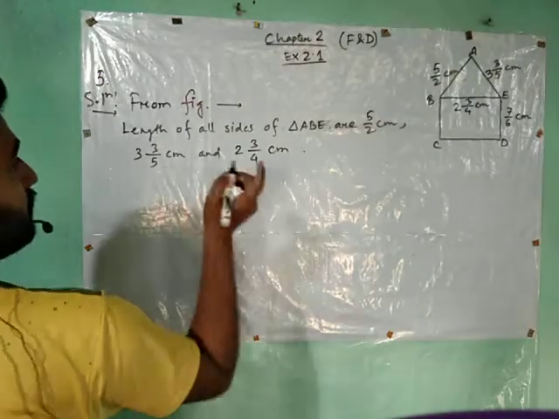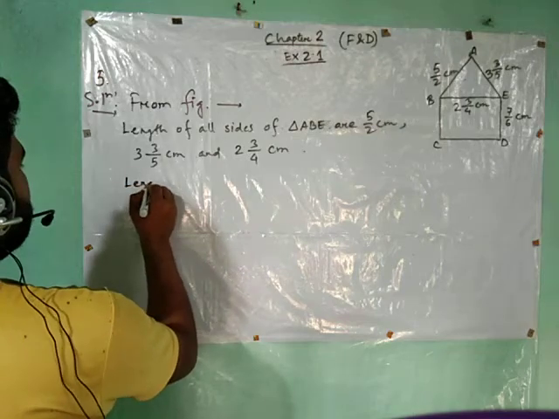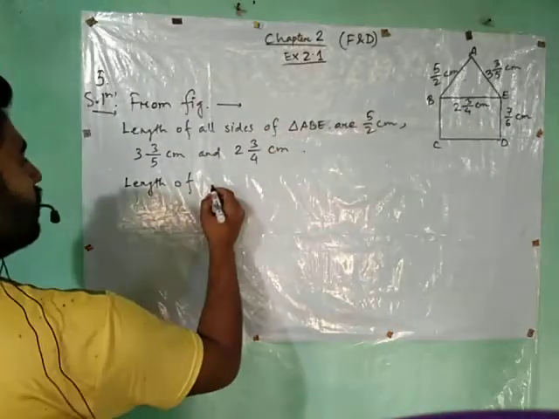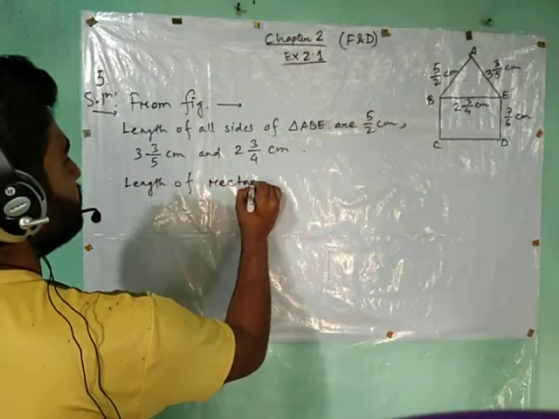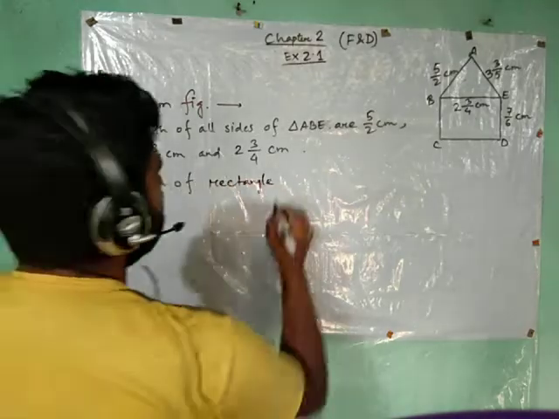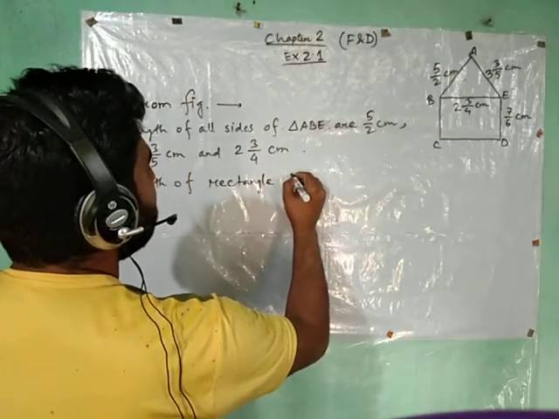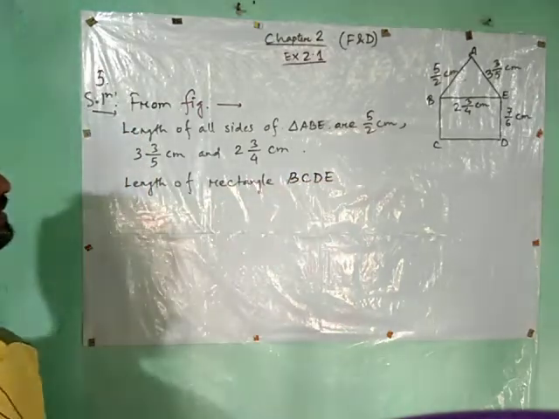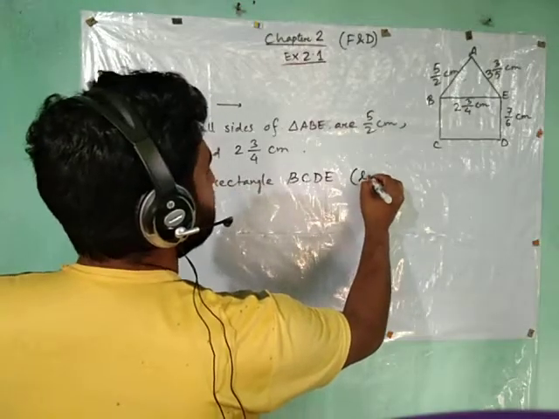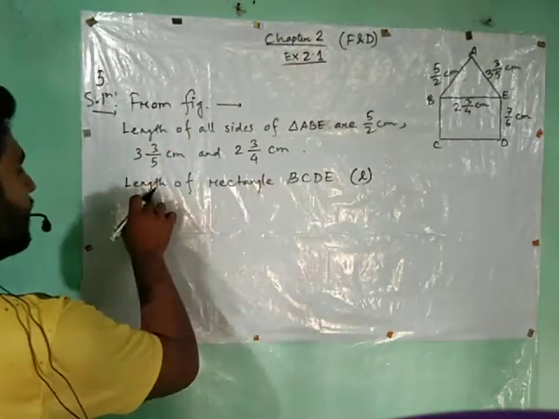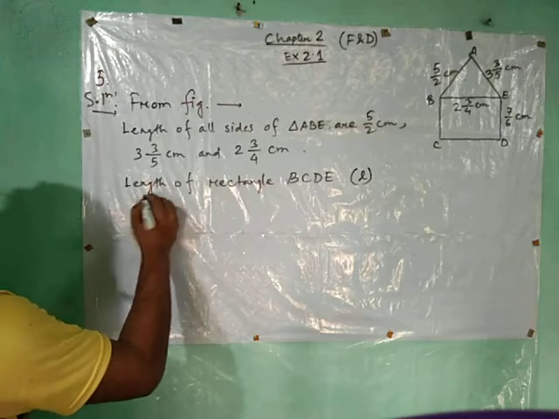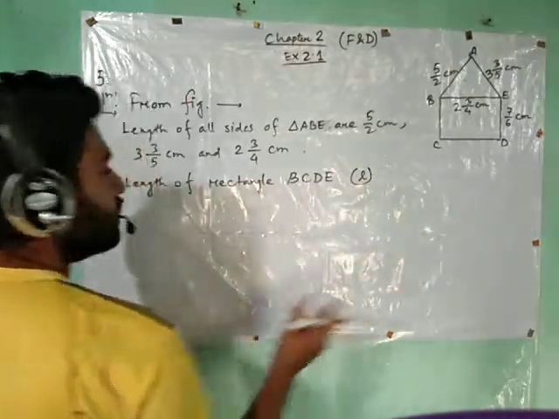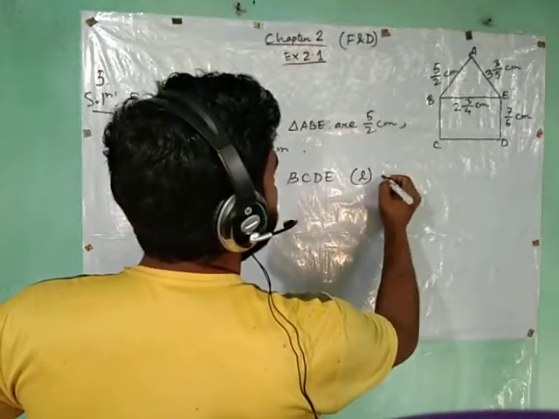Next, what another thing is given? Length of a rectangle. The name of the rectangle is B, C, D, E, not A. I will denote this length by L, such that I can use this letter or symbol whenever I find out the perimeter.